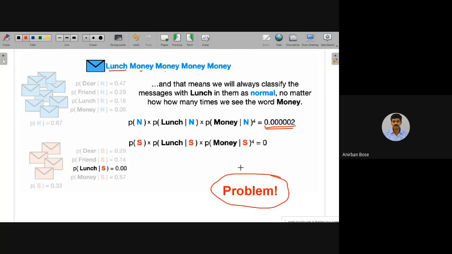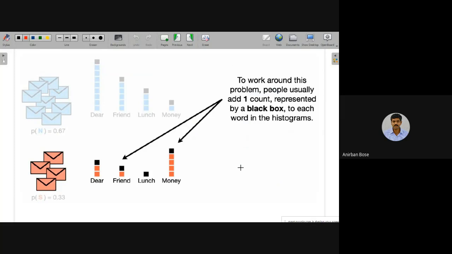And that is why, to work around this problem, people usually add one count, represented by the black box, to each word in the histogram. So what you can see in the deer, how many times deer was there? 8 times, right? So what has been done? One extra box has been added. Okay, so what does the extra box mean? Now we will consider that deer is there 9 times.